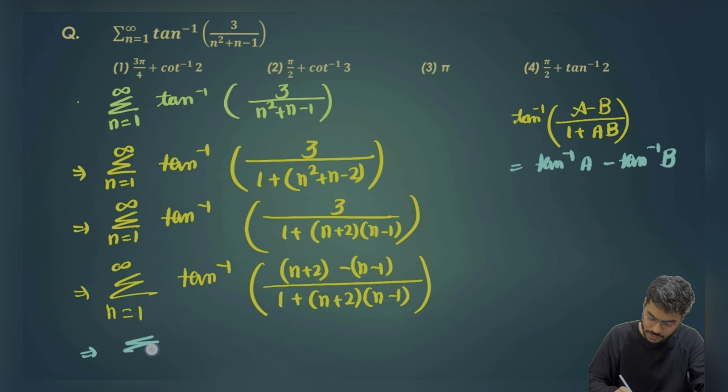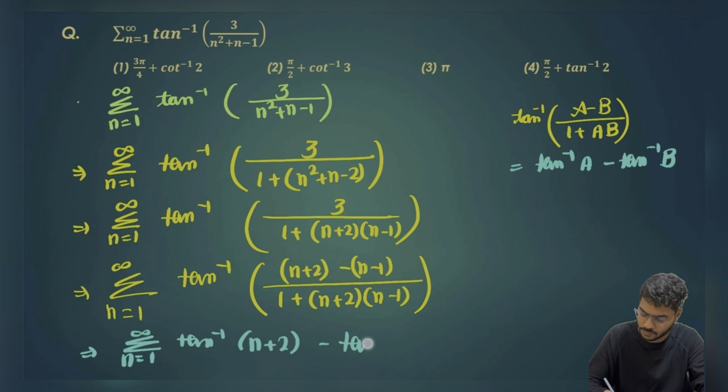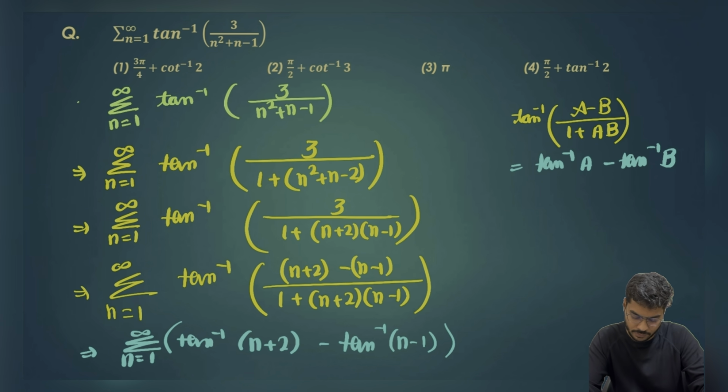So what will I get? I will get tan inverse n plus 2 minus tan inverse n minus 1. Now I will put the values one by one. I will put the first value, which is n equal to 1. If I put n equal to 1, this will become 3, this will become 0.